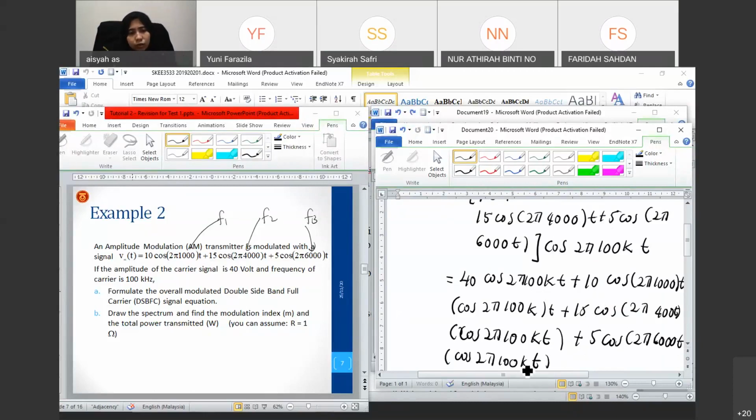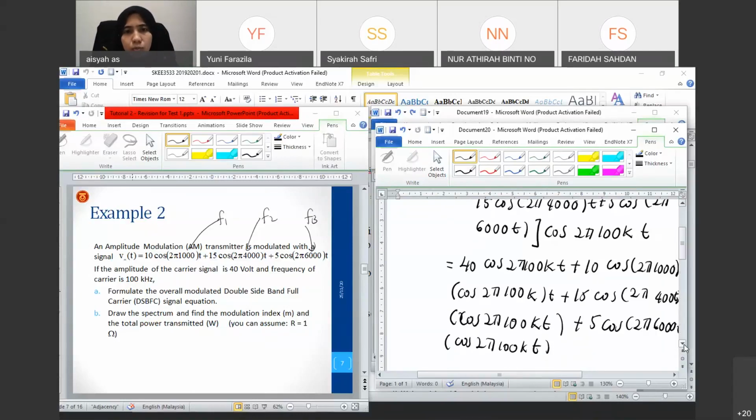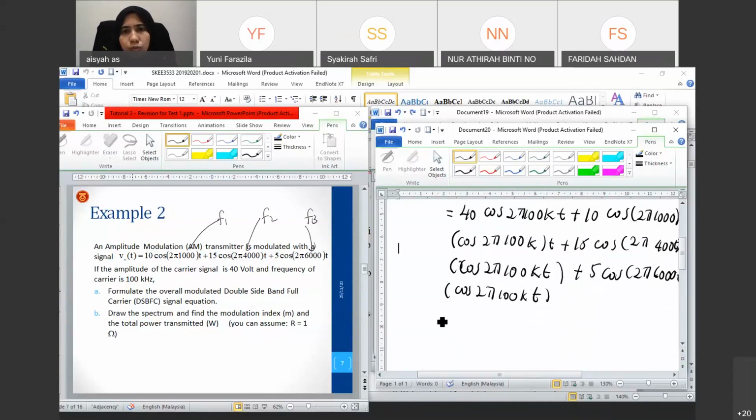Then we need to use the trigonometry identity: cos A cos B equals one half of cos(A plus B) plus cos(A minus B).